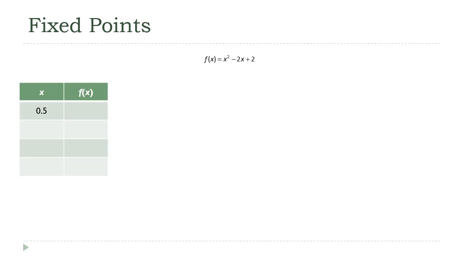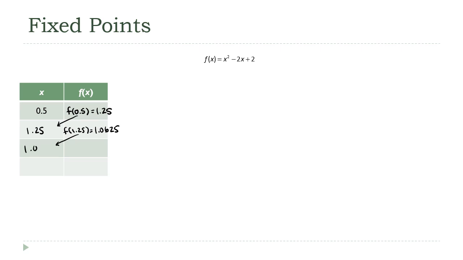So suppose we start with that same function and evaluate it at 0.5. That gives us f of 0.5, which is 1.25. Now let's do it again. Let's take this output and make it the new input. F of 1.25 is 1.0625. Let's do it again.